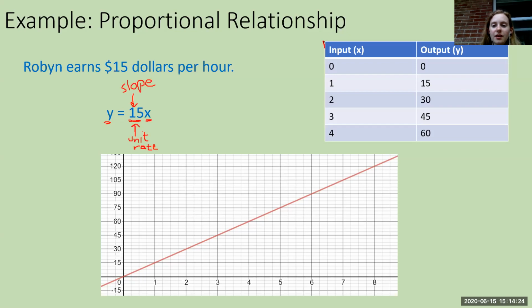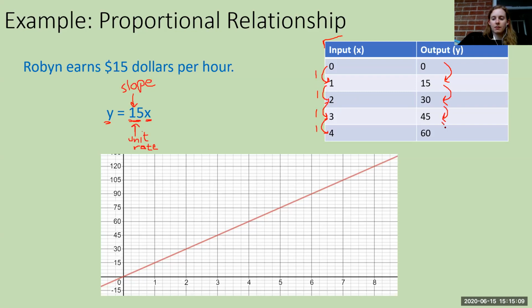All right, and then looking at our table here, we can use the table to identify our slope or our constant of proportionality. So I could do that in 2 ways. First way I could do it is the same way we've been doing it this whole lesson: determining or calculating the change in y compared to the change in x. So I can see in this table here, each time the x increases by 1, the y increases by 15.